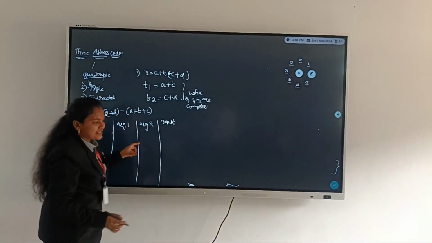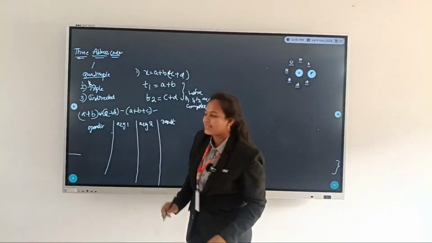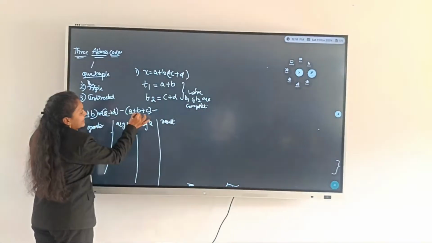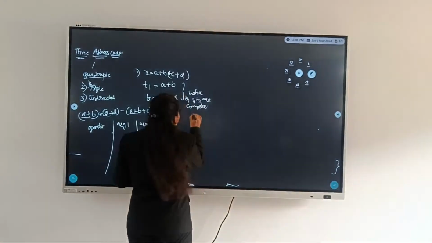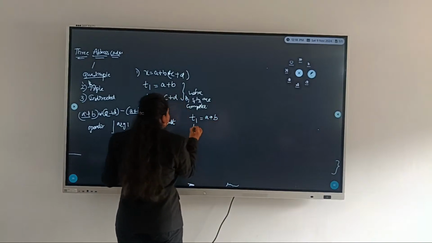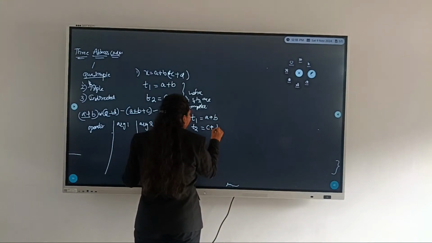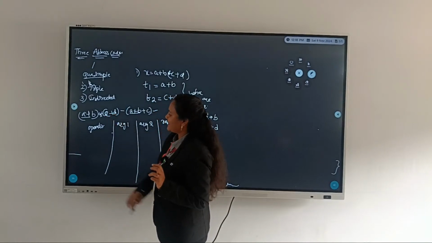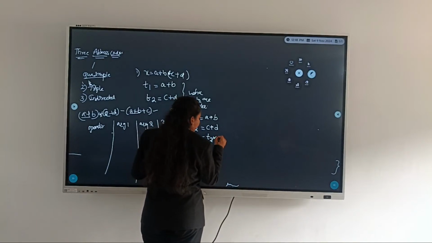First, coming to the symbol table, I would like to make this expression into several parts. As we can see, here is A plus B and here also A plus B. Let us consider A plus B in only one temporary block, that one is T1, that equals A plus B. Then T2 will be C plus D. Then coming to T3, the operator which we use is into, so T1 into T2.